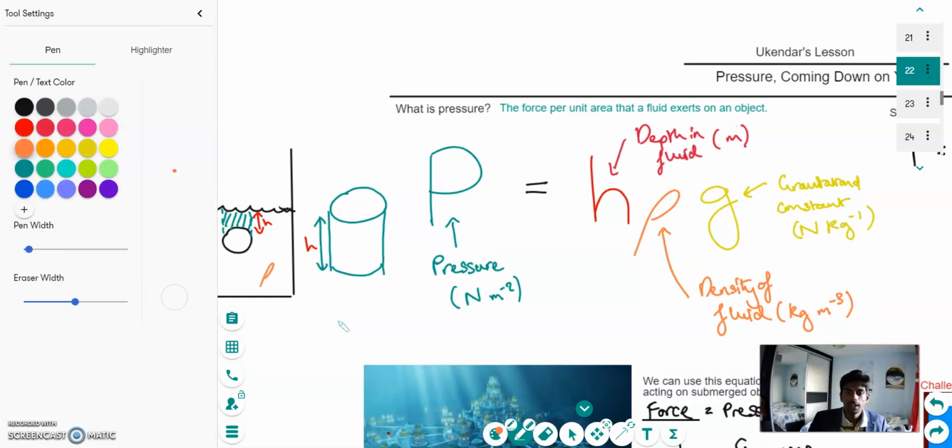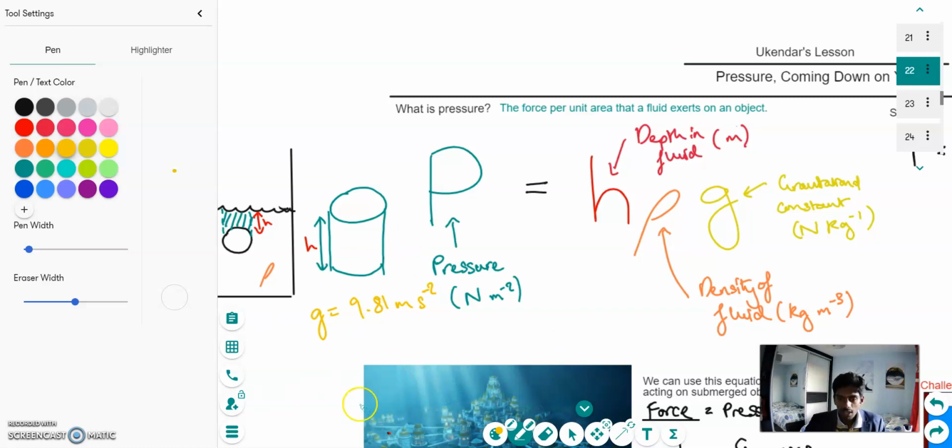And with that, we also have the gravitational field constant, which you'll know is about 9.81 meters per second squared. This is the rate that any object on the Earth's surface is going to accelerate towards the center.